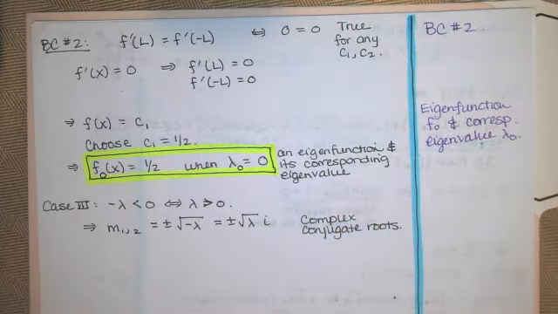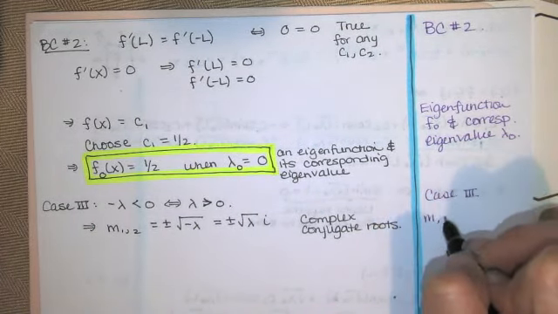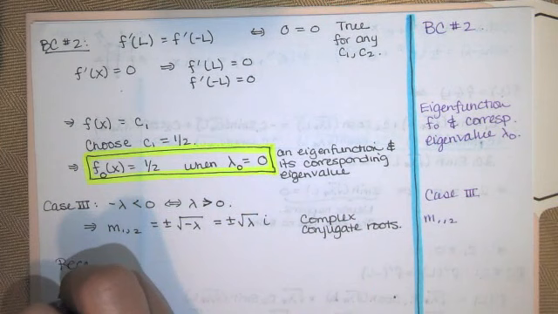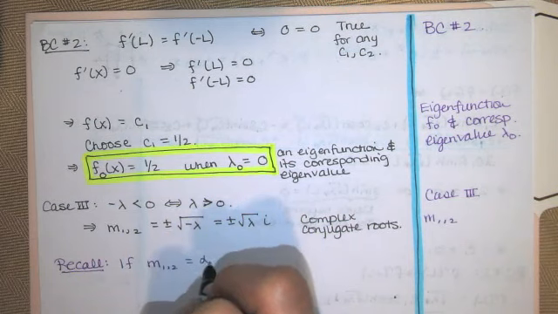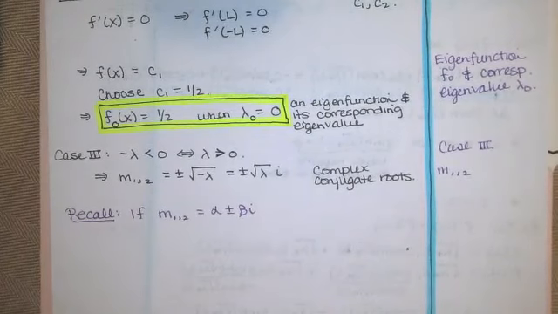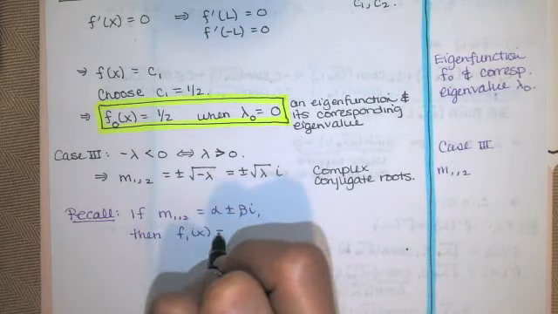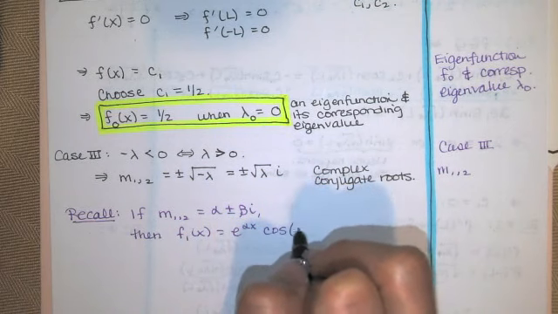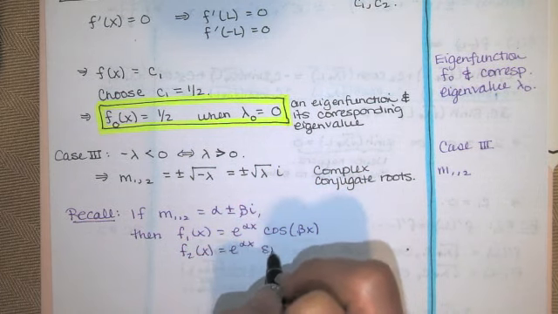Now you'll want to recall from your ODE class that if m1 and m2 are equal to alpha plus or minus beta i, where beta is non-zero, so we've got complex conjugate roots, then our two linearly independent solutions for a second order equation are e to the alpha x cosine of beta x and e to the alpha x sine of beta x.